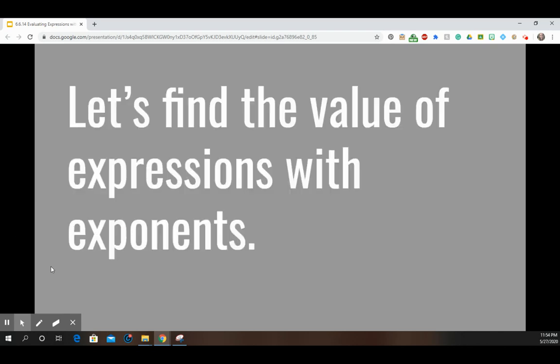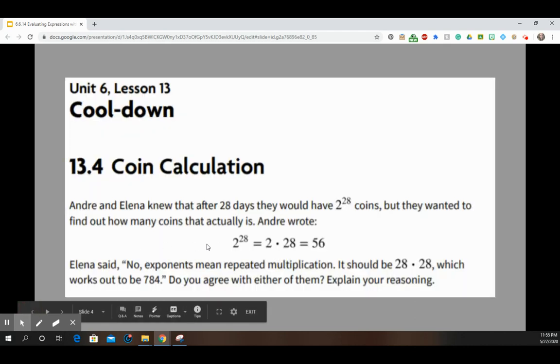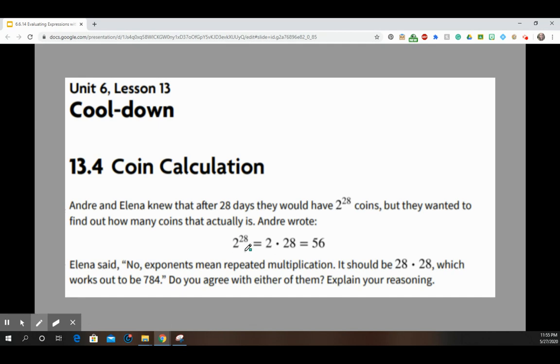So, most of you guys were able to figure out that Andre was wrong because 2 to the 28th does not mean that you're multiplying 2 times 28. It means 2, 28 times, okay?